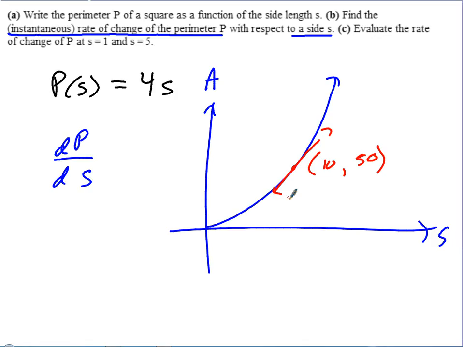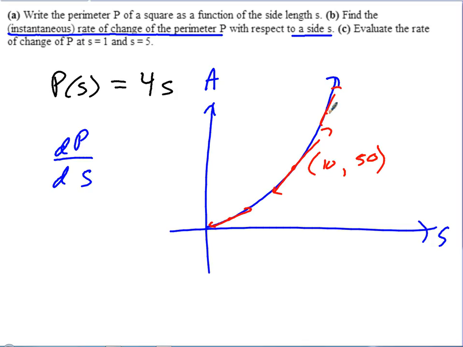Instantaneous rate of change. How fast is the area changing as a function of the side length at that point right there? Well, it's increasing this fast. Now down here, it's not increasing as fast because the side lengths are smaller. Up here, it's increasing much faster. In other words, if I were to increase the side length by just a smidge, to use a technical term, the area would increase by more here than it would here.